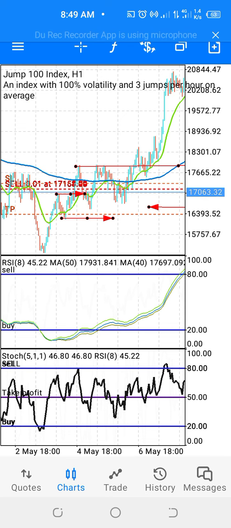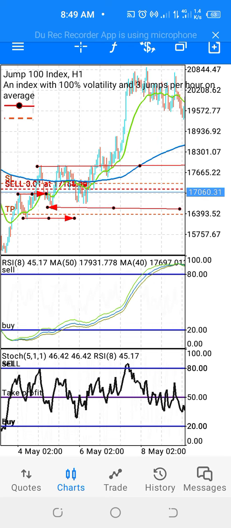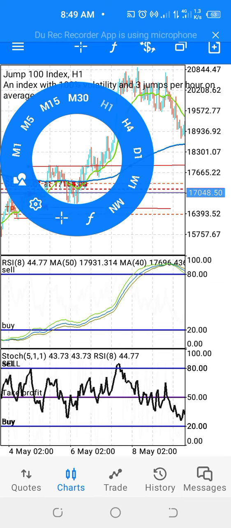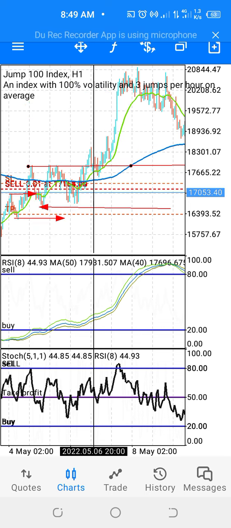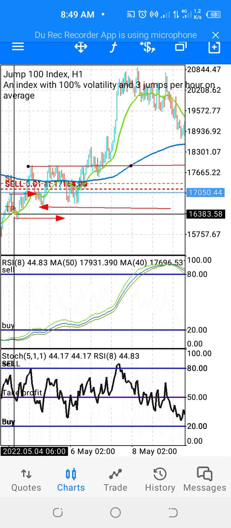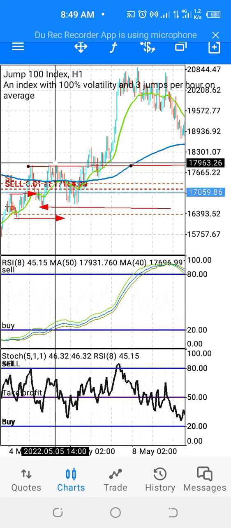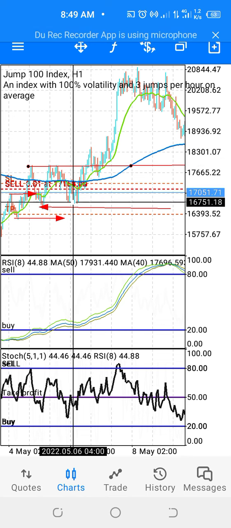This one, this one to come there, to become the high low, and that one, you see, this comes high low, equal highs, equal highs, and then becomes the low here.